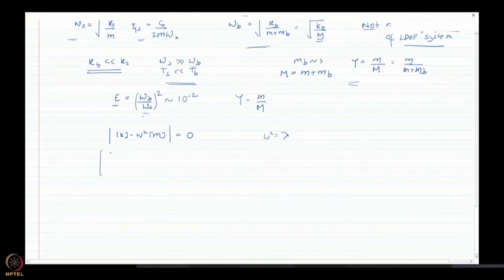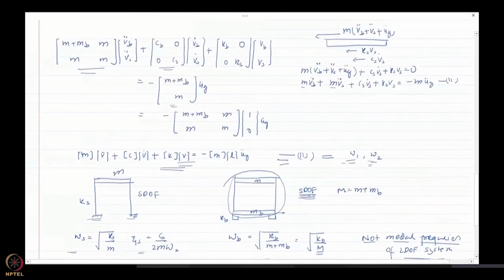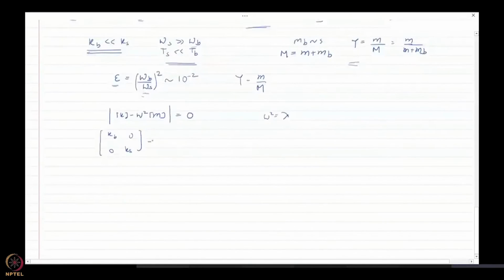What was this? This was KB, 0, 0, KS, isn't it? Our K was KB, 0, 0, KS. And what was M here? Sorry, this would be omega square M, or I will write M plus MB.